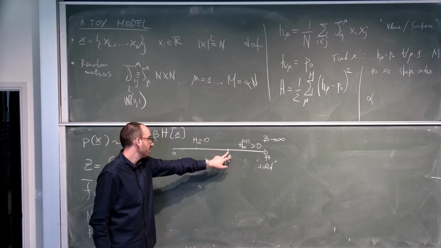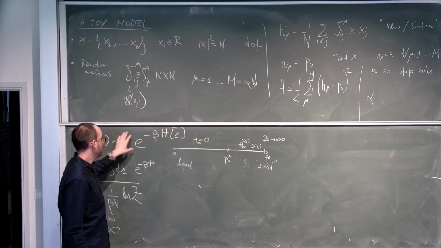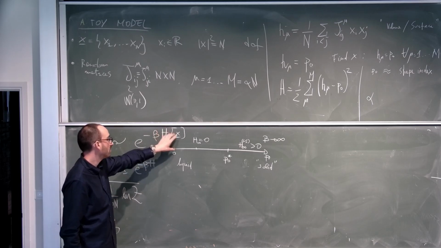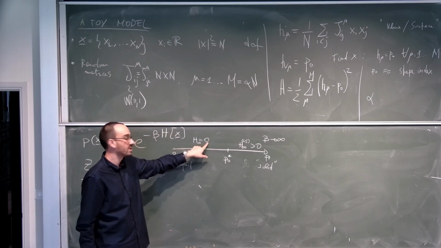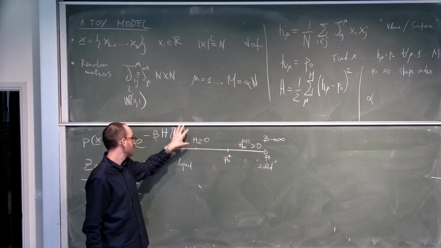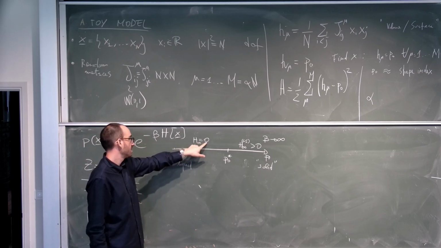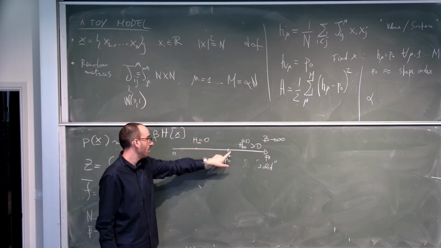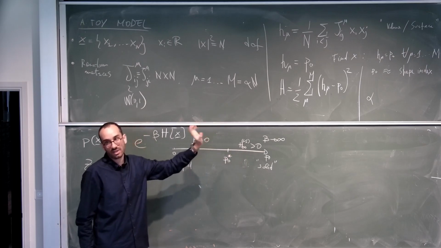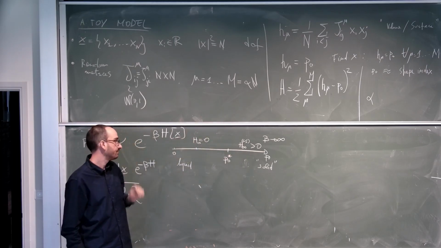At this point, I know that this measure is no more concentrated on zero energy configurations. Below this point, this measure is spread over zero energy configurations, while above it, I have some ground state of positive energy.